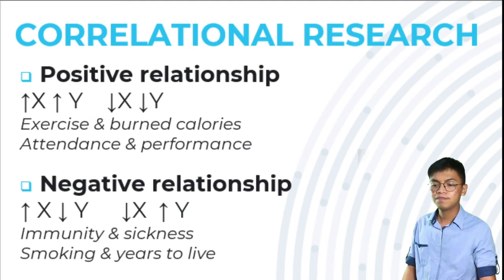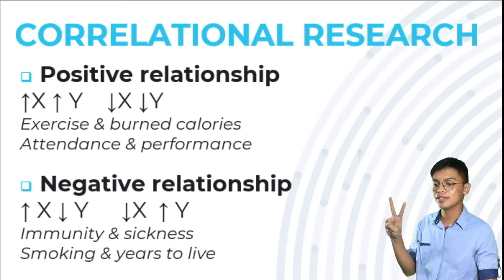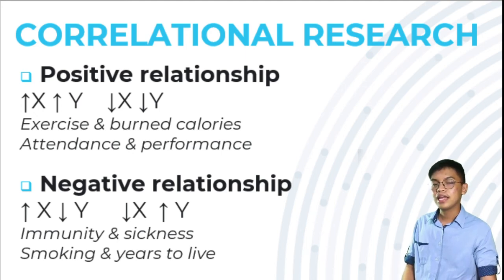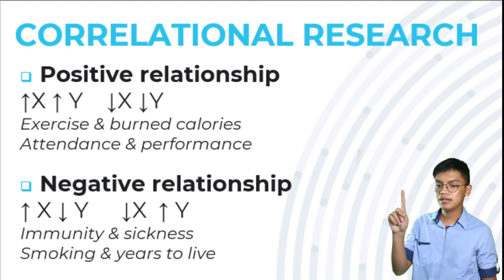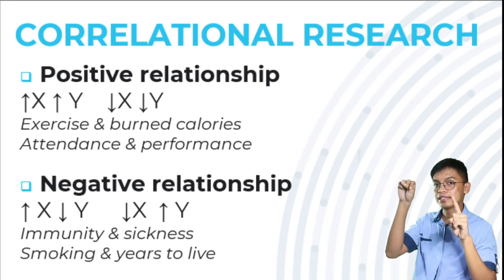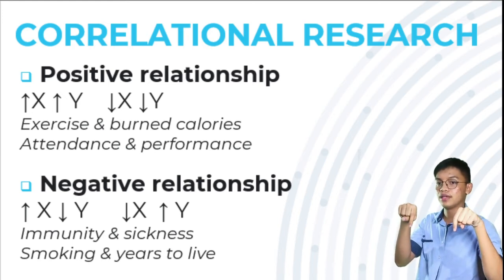Before we go with the next kind of research, we have to discuss two kinds of relationship in correlational research. This is your positive relationship and negative relationship. In positive relationship, there is a direct relationship, meaning as values of X increase, values of Y also increase. As values of X decrease, values of Y also decrease.